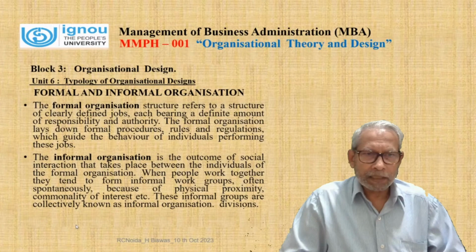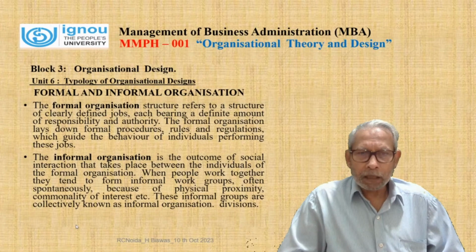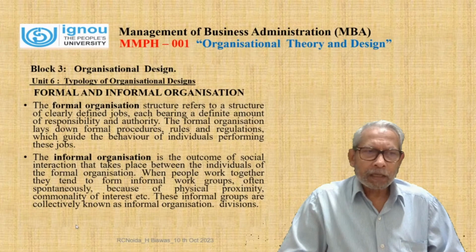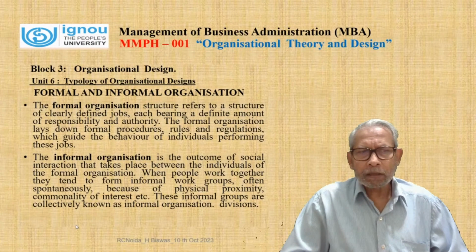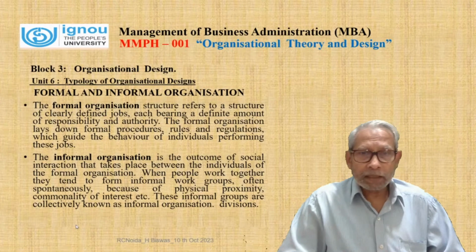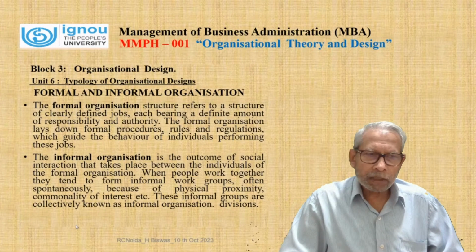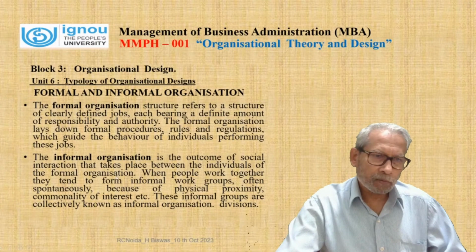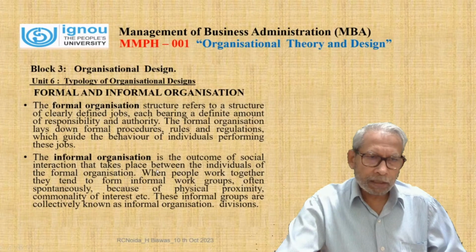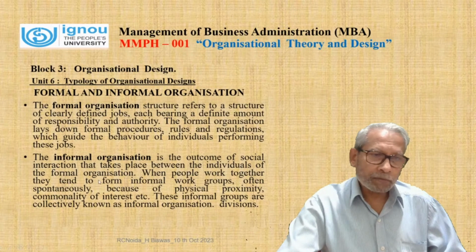In a formal organization, the job is clear, what to do is defined, the amount of responsibility and authority is defined, and some rules, regulations, procedures and guidelines are there. If these things are there, then we can say it is a formal organization. But the informal organization is the outcome of social interactions, where individuals have some liberties and do not exactly follow the formal organization. It consists of the interactions that take place between the individuals of the formal organization.